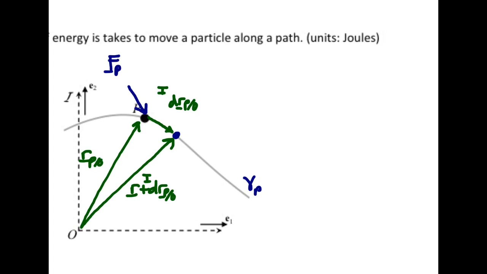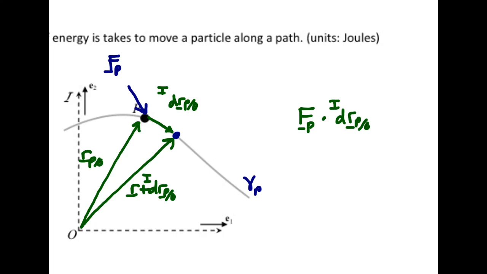And so, the math that we're going to apply here is the dot product between the force and the change in position. So what that gives us is the force applied on particle P dotted with dr, a change in our position vector, as observed in the inertial reference frame.